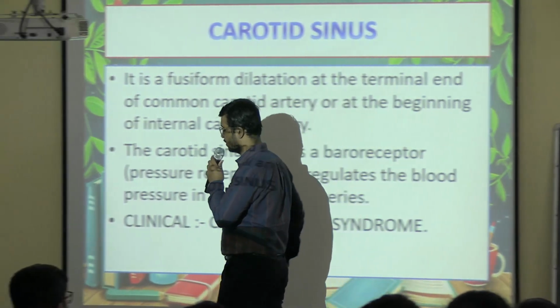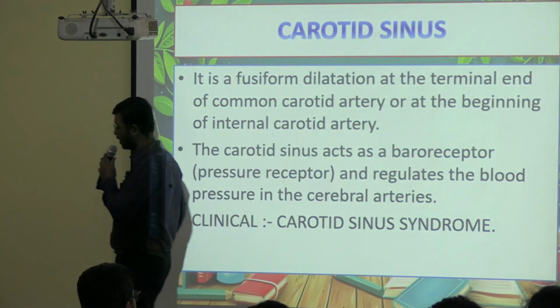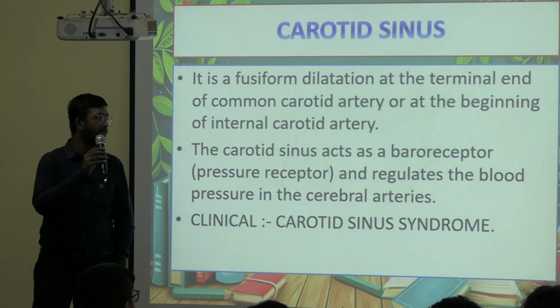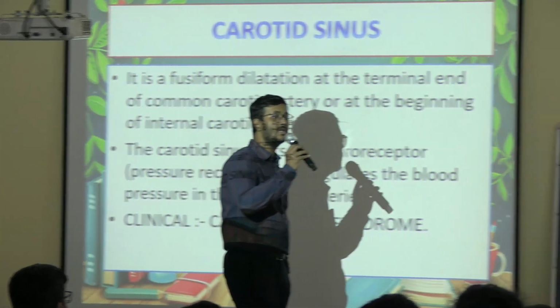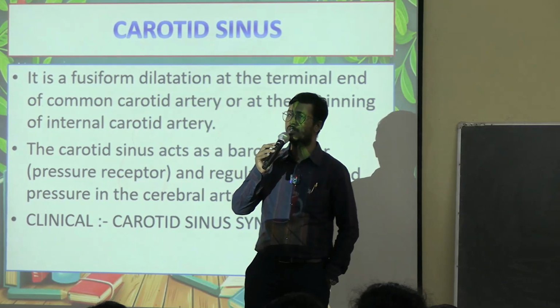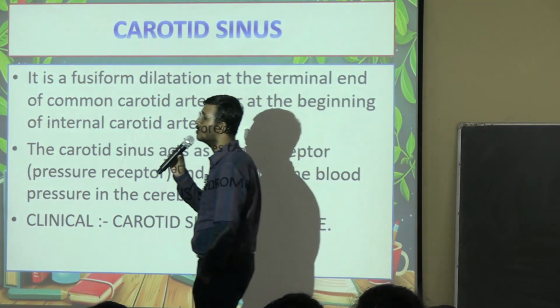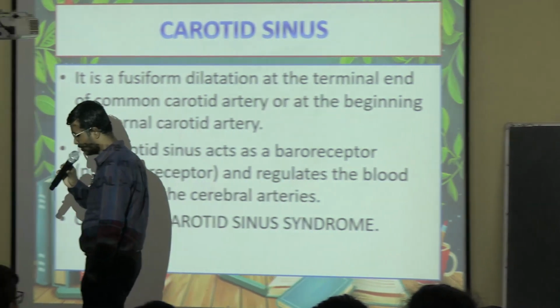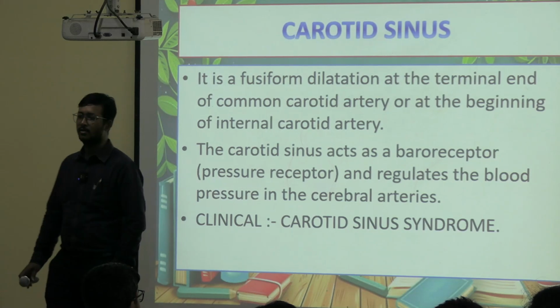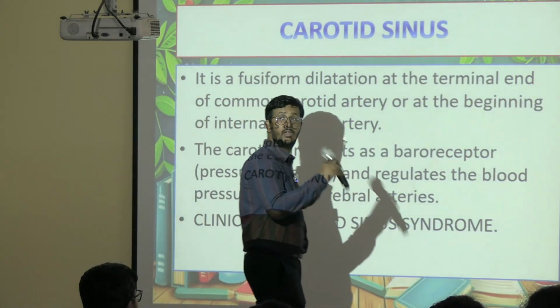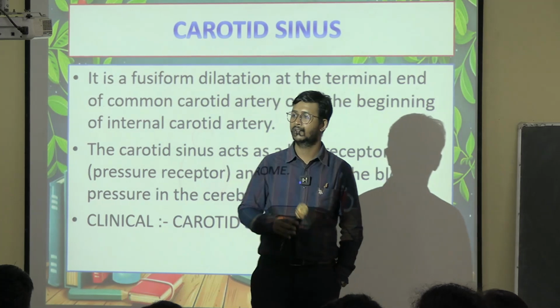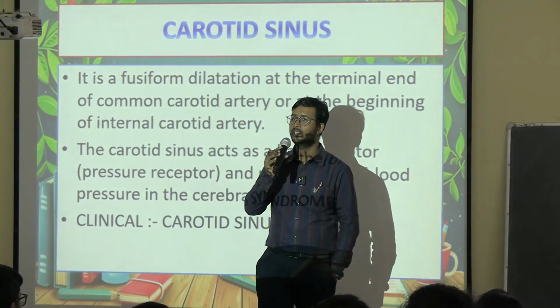Now, carotid sinus. These are again some structures present in the neck. It is a dilatation at the terminal end of the common carotid artery, which is a baroreceptor. What is a baroreceptor? It is one type of stretch receptor.